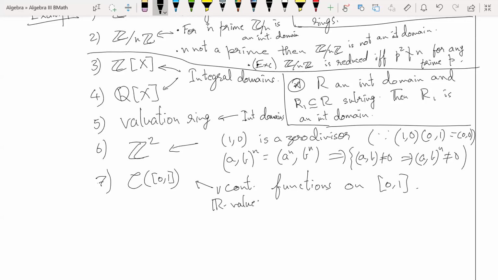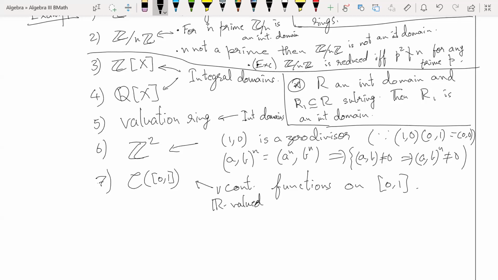It doesn't matter whether you want to take it R valued or C valued, but let's just fix real valued continuous functions on [0,1]. So what do you think about this? Is it a reduced ring or an integral domain? Reduced is not integral.